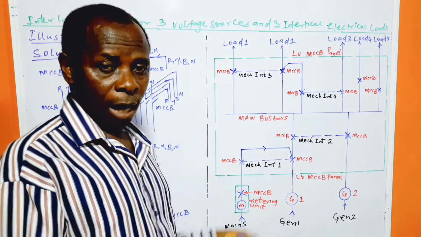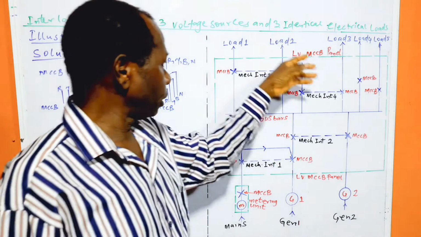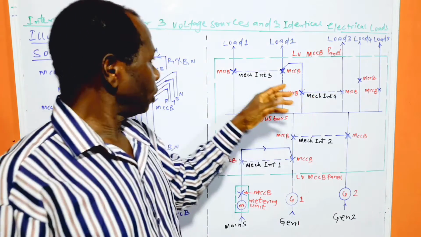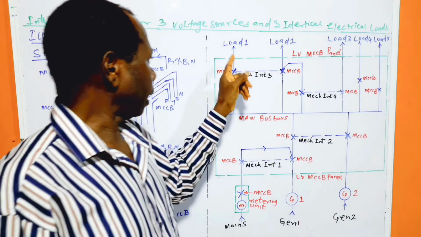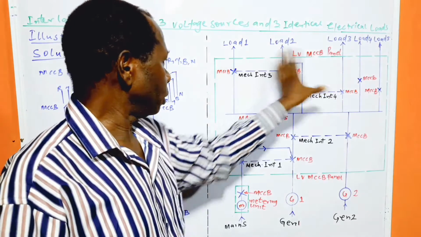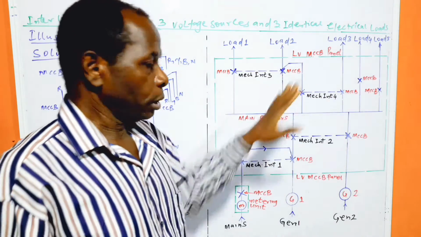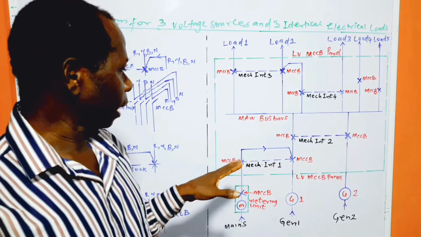So, if 2 are selected at a time, the remaining 1 will be on standby. If only 1 is selected at a time, the remaining 2 will be on standby. That's about these 3 loads being operated making use of interlock.